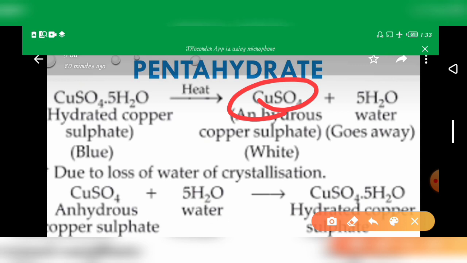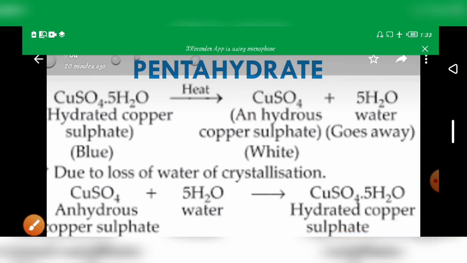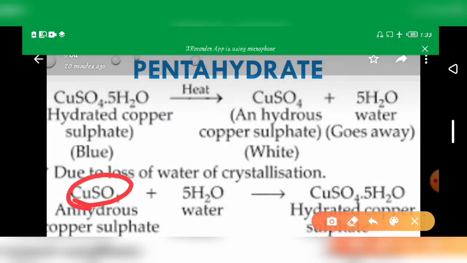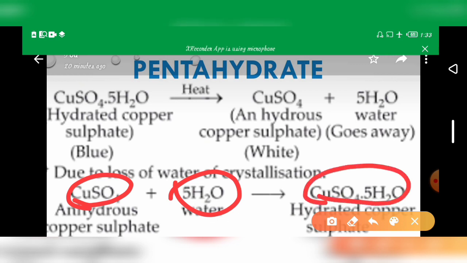Okay, next, due to the loss of water of crystallization, again it will be cooled. Now the cooling process is going on. So anhydrous copper sulfate on cooling adds water to form CuSO4.5H2O, that is hydrated. This anhydrous copper sulfate is colorless.